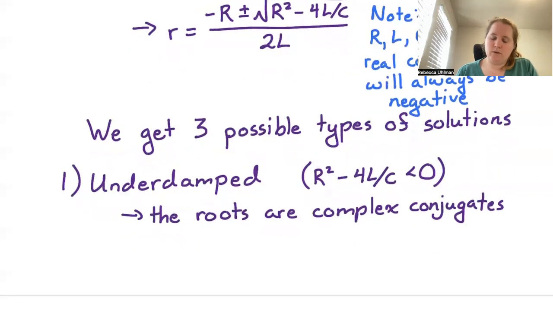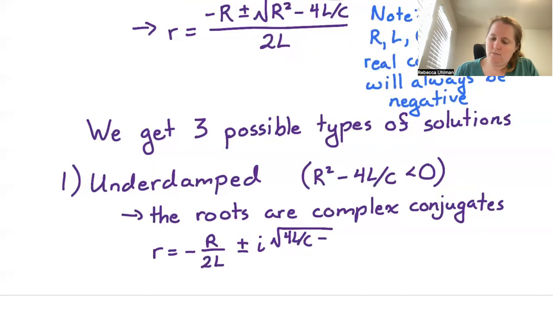And we have r is equal to negative R over 2L plus or minus i times the square root of 4L over C minus R squared, all over 2L.